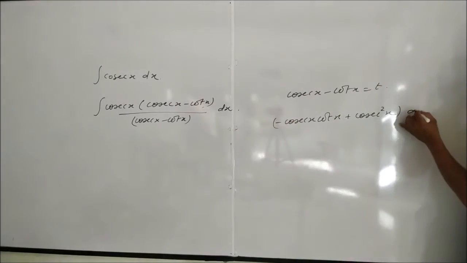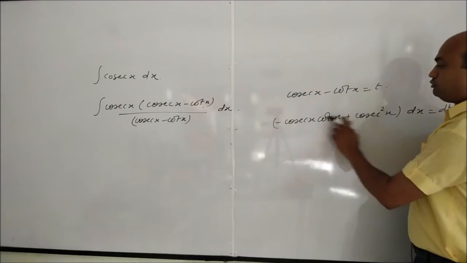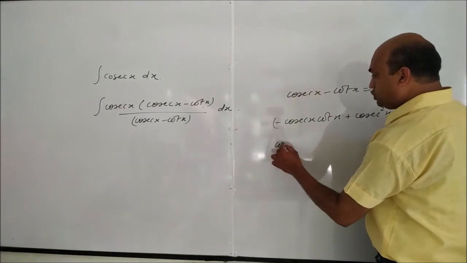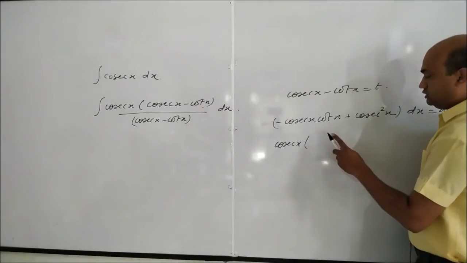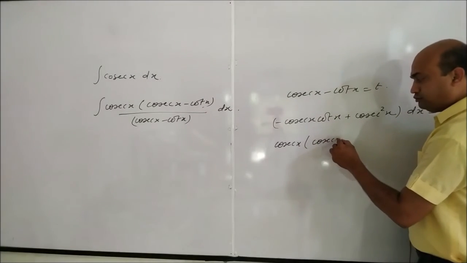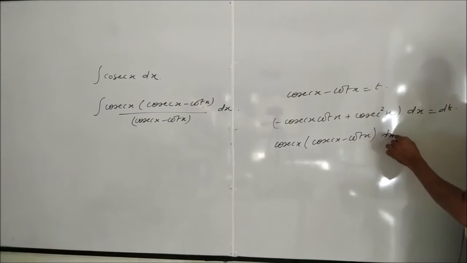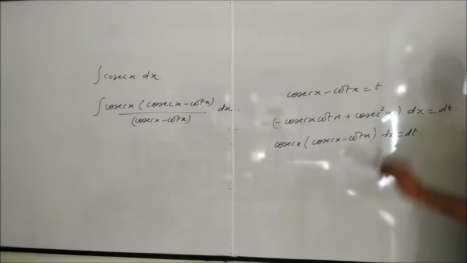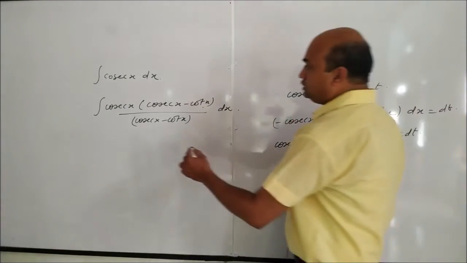And differentiation of x is dx and differentiation of t is dt. From this two we take cosec x common. What we get in the bracket? It will be cosec x times cosec x minus cot x dx is equal to dt. So the numerator with dx become dt.